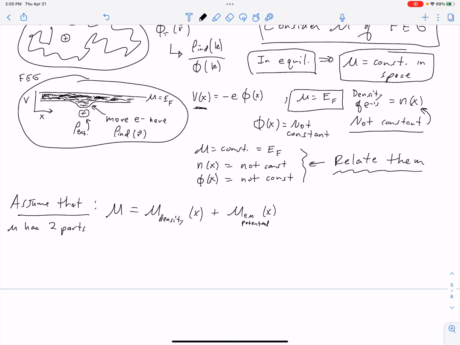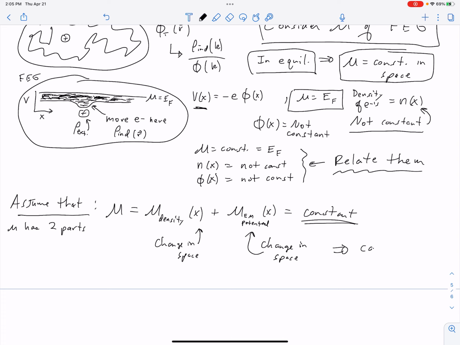Now, these two things change in space, but together they're equal to a constant. And so what that means is that they cancel each other. One goes up and one goes down.